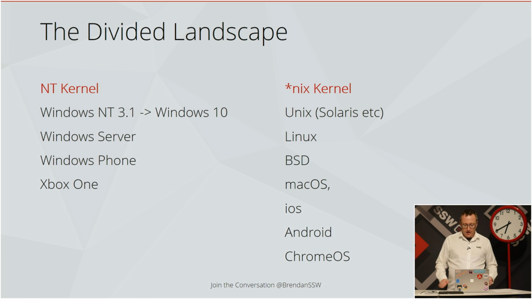Since then, that general pattern has been re-implemented a number of times in both the Linux and the BSD systems. Those two systems, Linux and BSD, are the base for Mac OS X, or just Mac OS these days, iOS on iPhones, the core of Android phones, and Chrome OS.